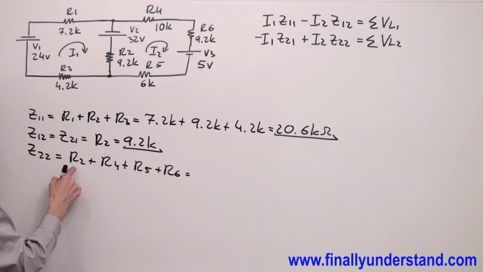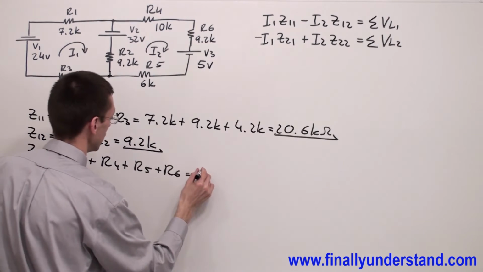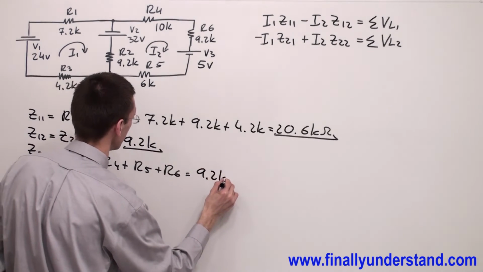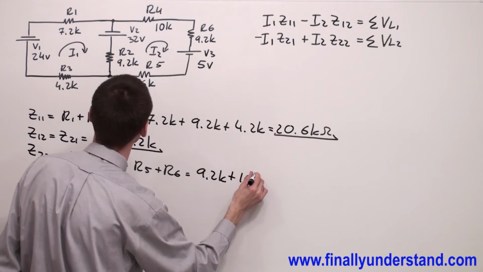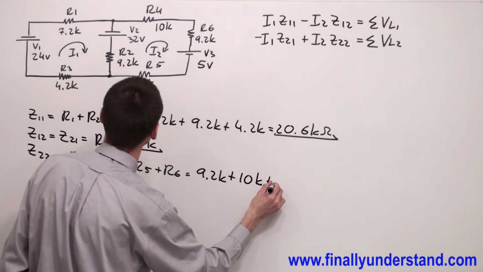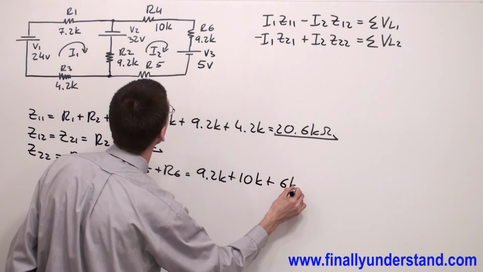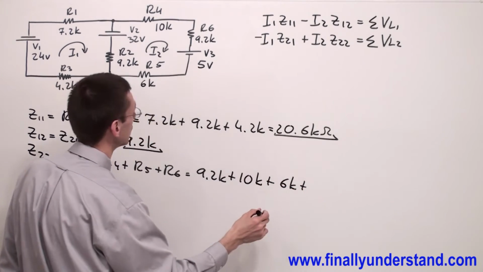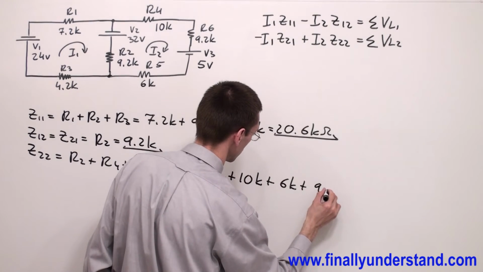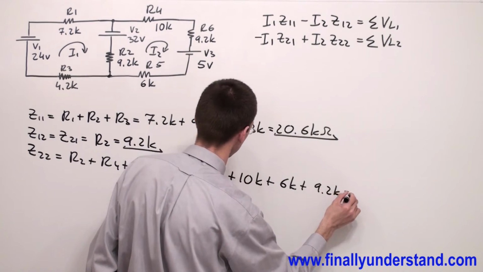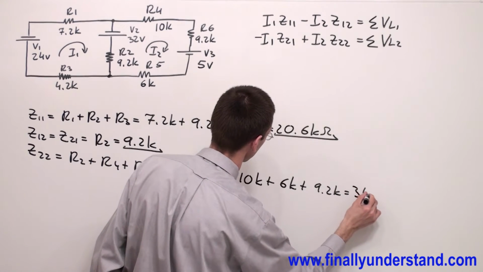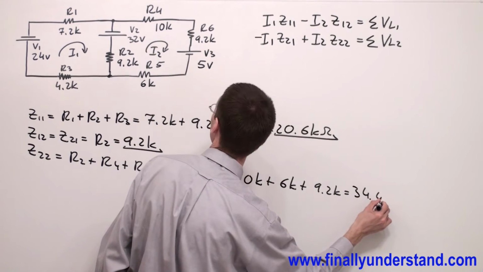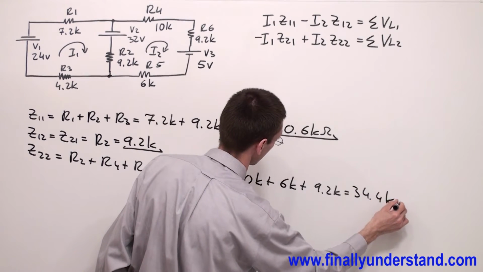This is equal to 9.2 kilo plus 10 kilo plus 6 kilo plus 9.2 kilo. Z22 is equal to 34.4 kilo ohms.